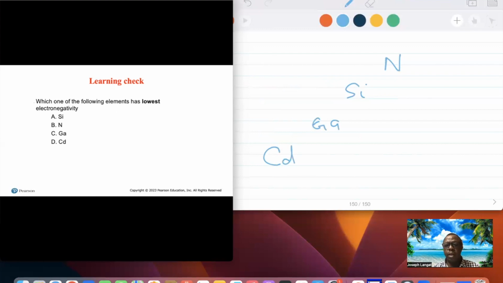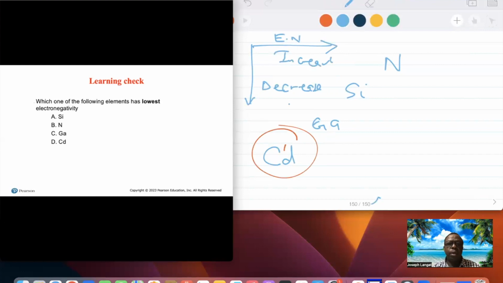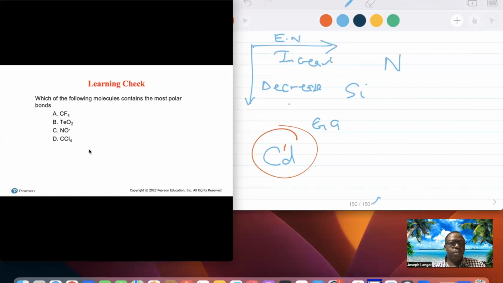Remember, on the periodic table, electronegativity increases this way and decreases this way. The correct answer here is cadmium, Cd. Please practice more.